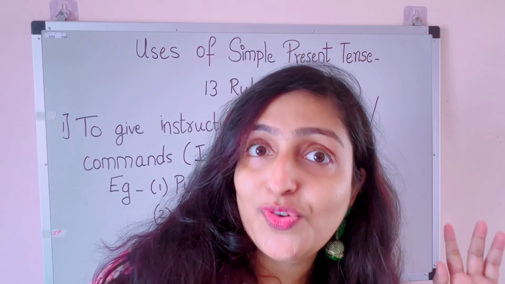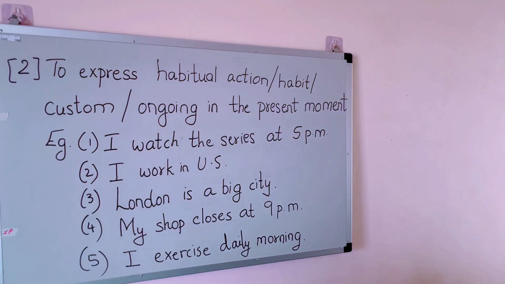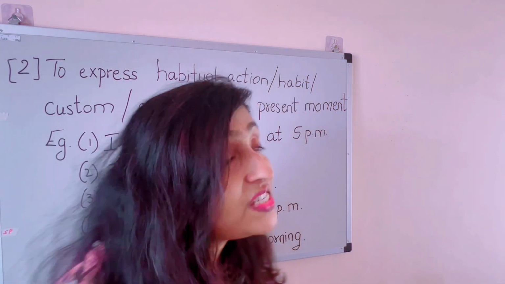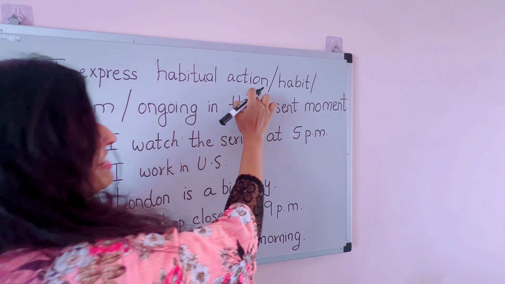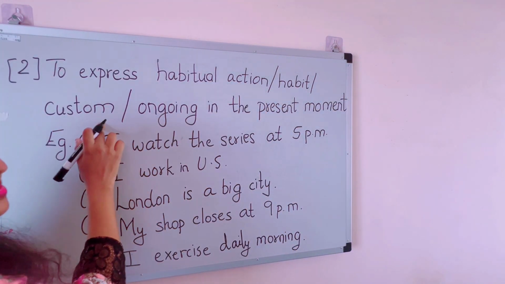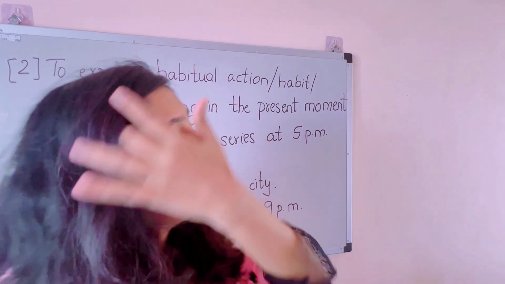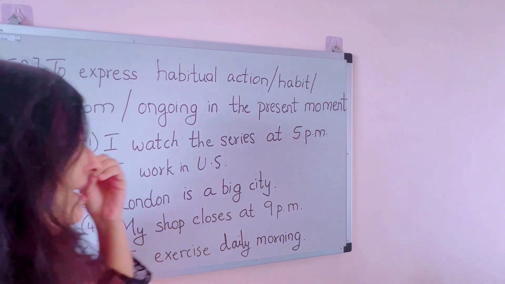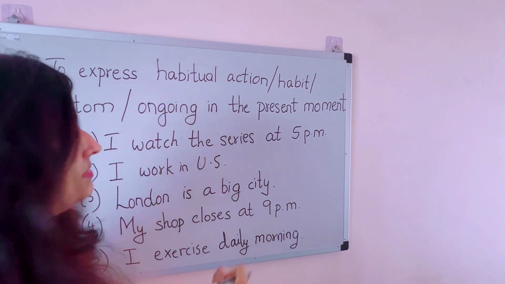That's the first rule. Here comes the second rule, and that is to express habitual action, meaning a habit or a custom or something that is ongoing in the present moment. For example, let's see.